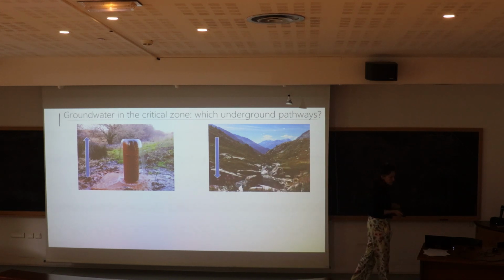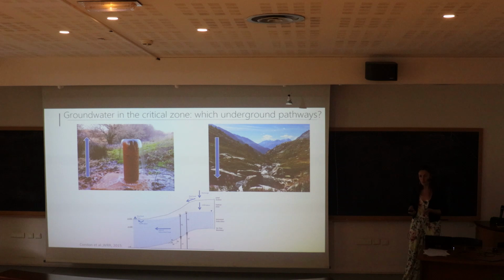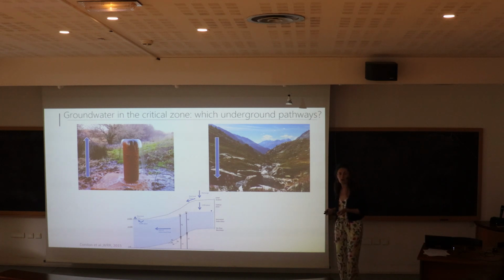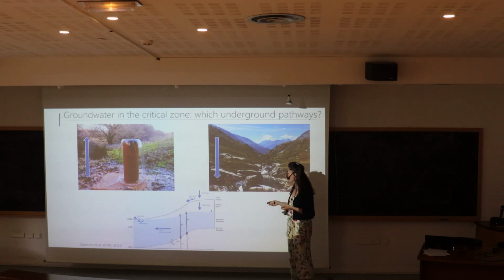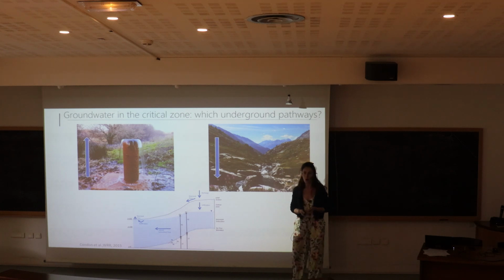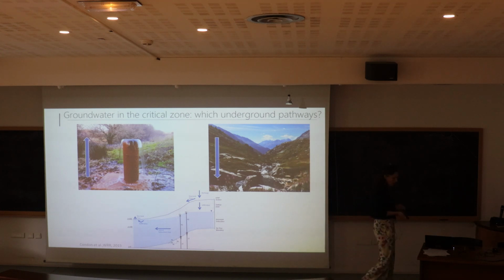These vertical movements of water are highly related to where you are on your catchment: if you are at the top of the hill, flows will be mostly downwards, while they would be upwards on the outlet part of your catchment.